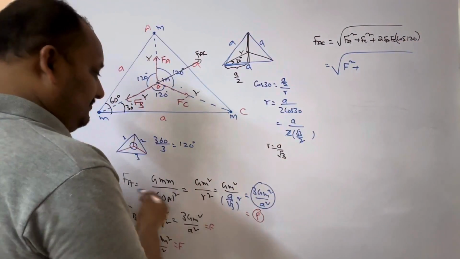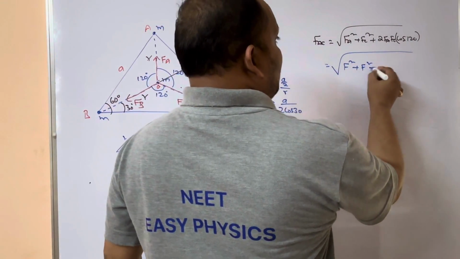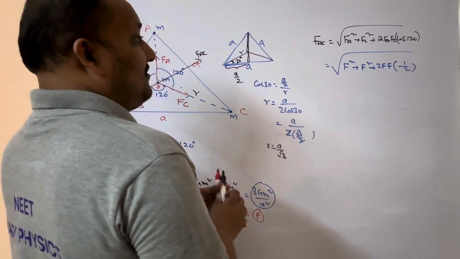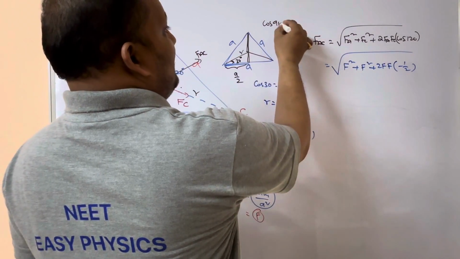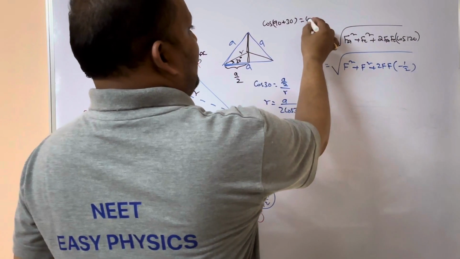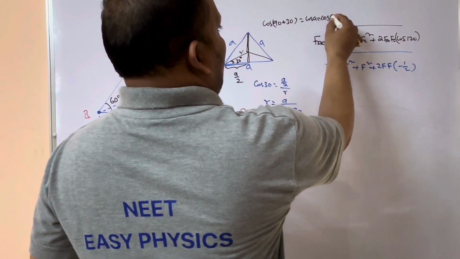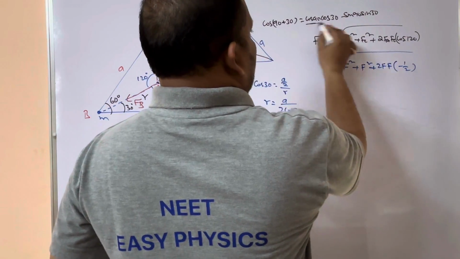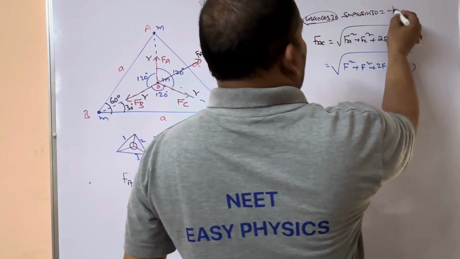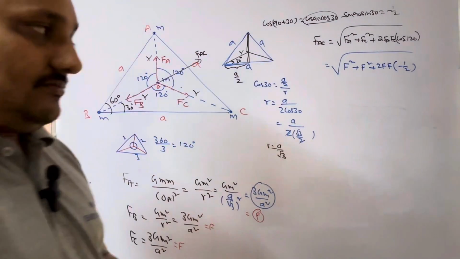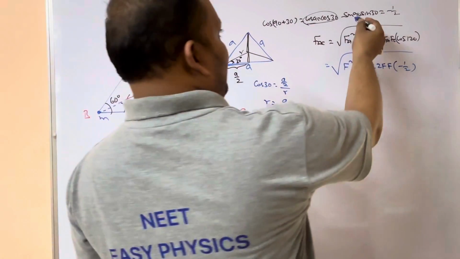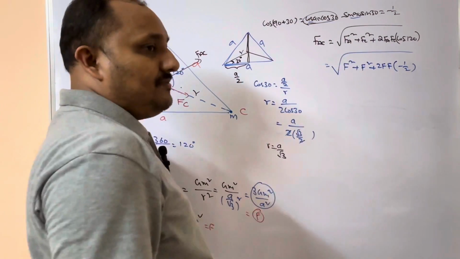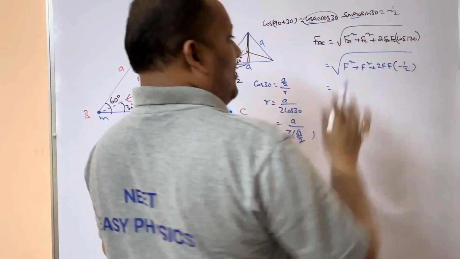F square plus F square plus 2 F F cos 120, which is minus 1 by 2. If you forgot, cos (90 plus 30) is cos A cos B minus sin A sin B. cos 90 is 0, sin 90 is 1, sin 30 is 1 by 2, so minus 1 by 2. If you forgot cos 90 and sin 90 also, then there is no need to do this problem, because we forgot everything.